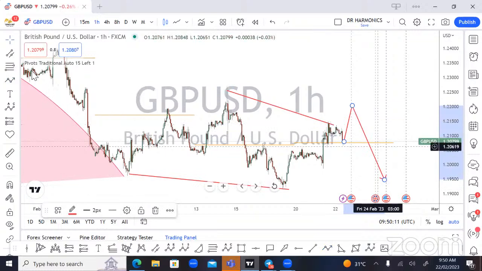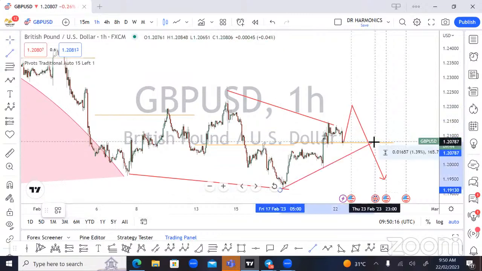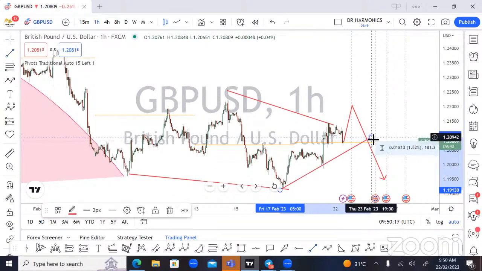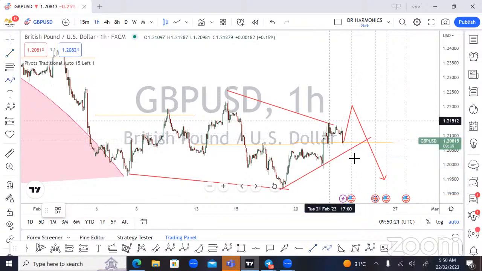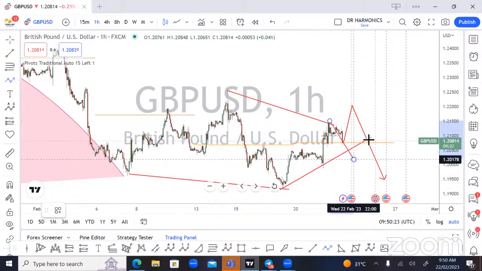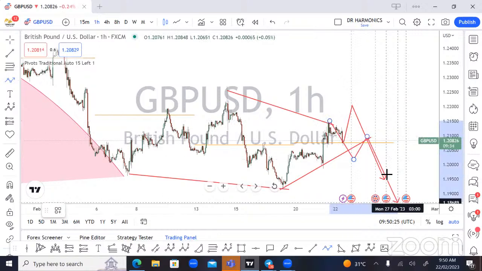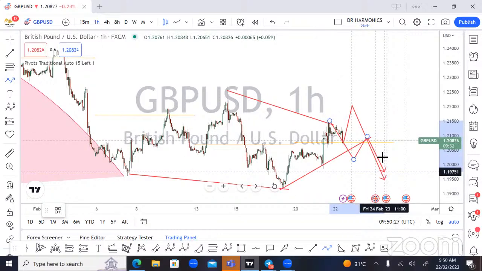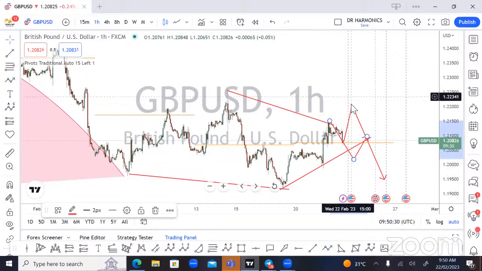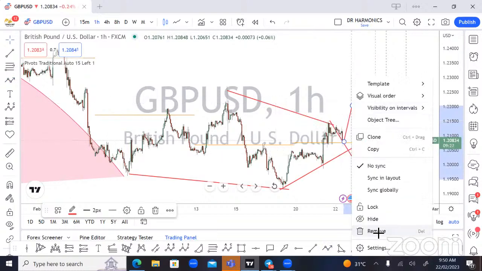What you can do is draw a trend line and see if it will break, if it will create a change of character like this and give us something like this. There you can join. So let's wait for price action to tell us what to do.